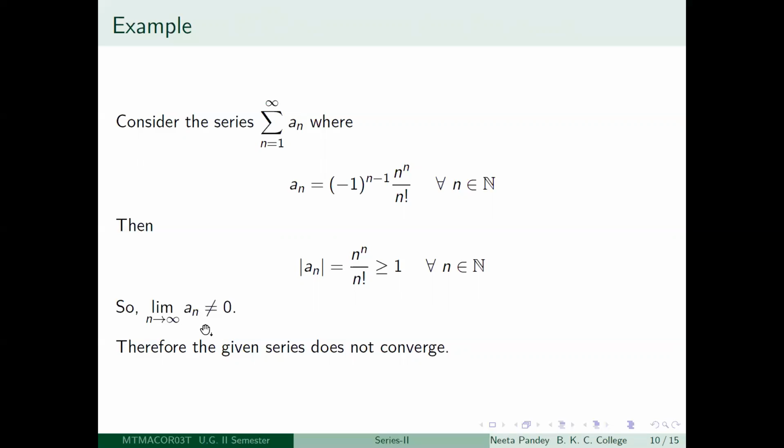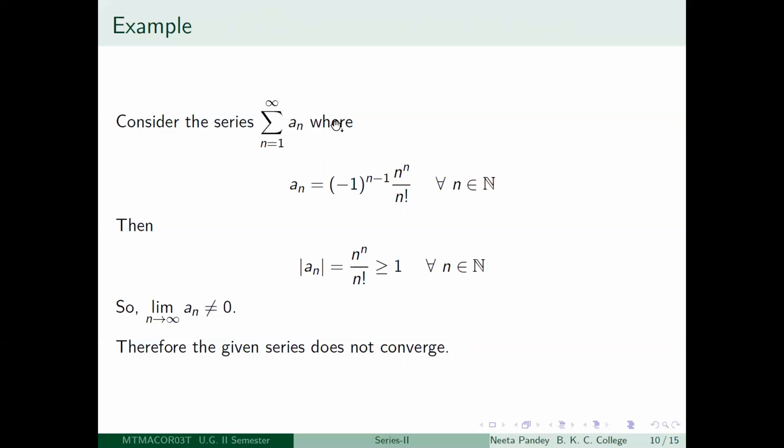So since the limit as n tends to infinity of an is not going to converge to 0, this series cannot converge, and hence it is a divergent series. But in this particular case, you cannot say that it is diverging to infinity or anything. Actually, it is going to be an oscillating series, because you have minus 1 to the power n minus 1 here.